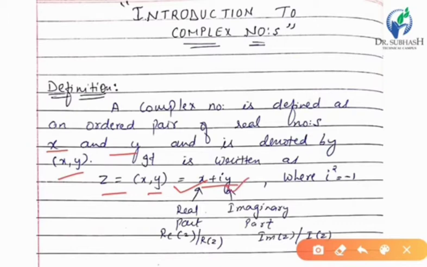The coefficient of i is called the imaginary part, and the term which doesn't contain i is the real part. The real part is denoted by Re z or simply R z, and the imaginary part by Im z or simply I z.